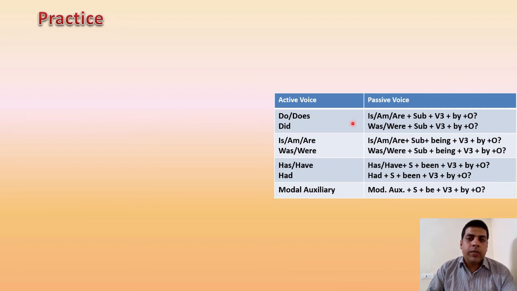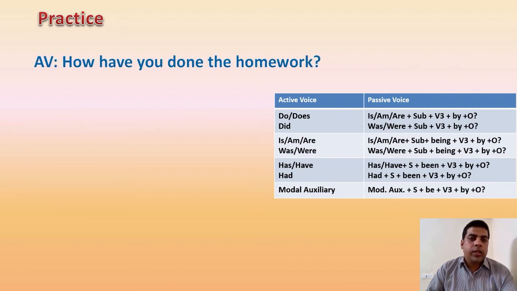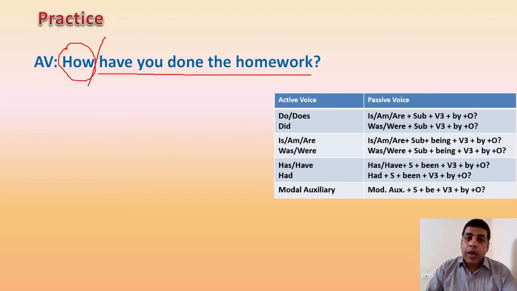So let's look at the first question. How have you done the homework? If you look at this particular question, what is the WH word here? How. If I remove this word how, then what is left is a simple question: have you done the homework? Now this particular structure follows the has or have pattern.